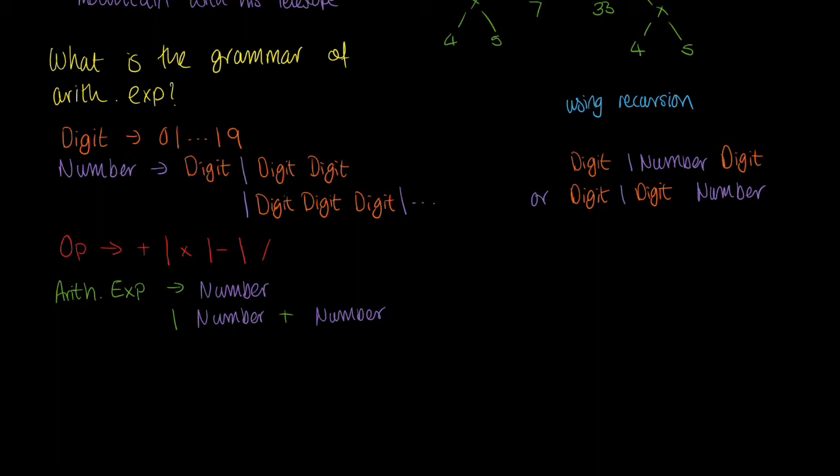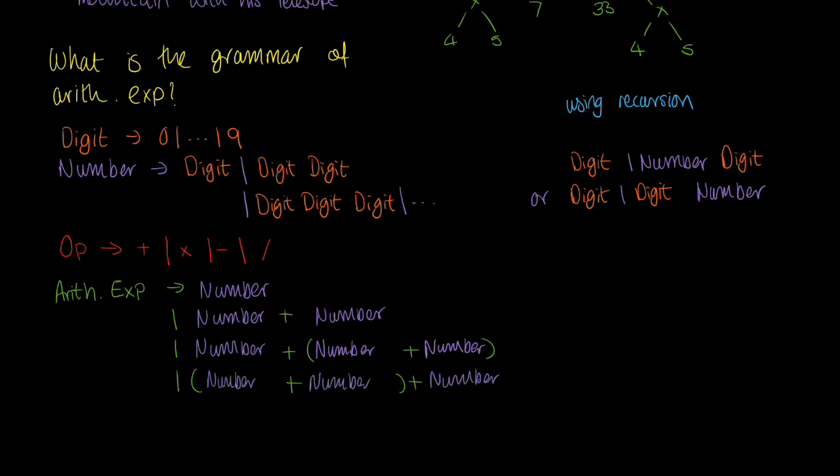But now we have two things. And so we have three more ways of combining the expressions we have so far. We can either add a number to the left of the bigger expression. We can add a number to the right of the bigger expression. Or we can add two of those big expressions together.